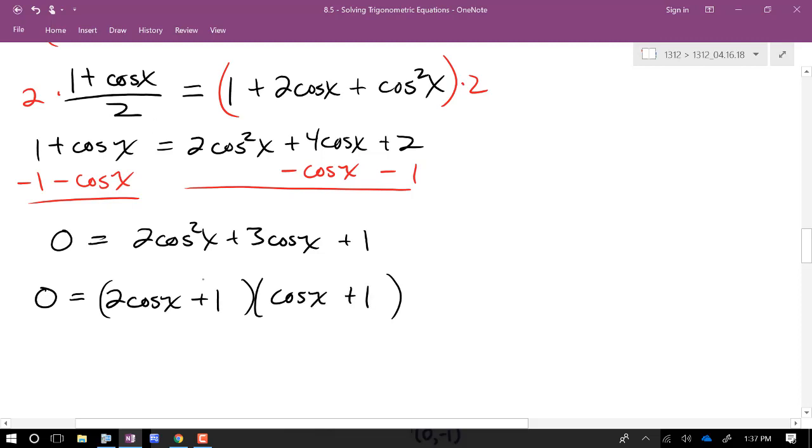So we have the 2 cosine squared, the plus 1, and then this is plus 2 cosine x. This is plus cosine x. And those do combine to give me a plus 3 cosine x. Nice.